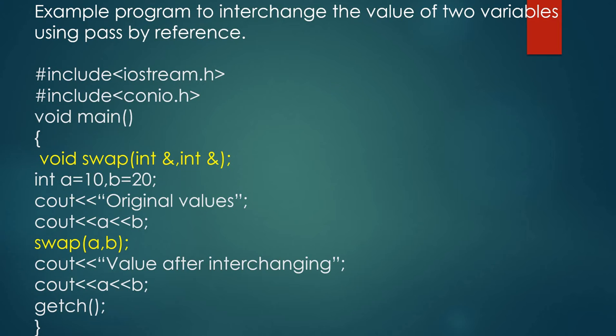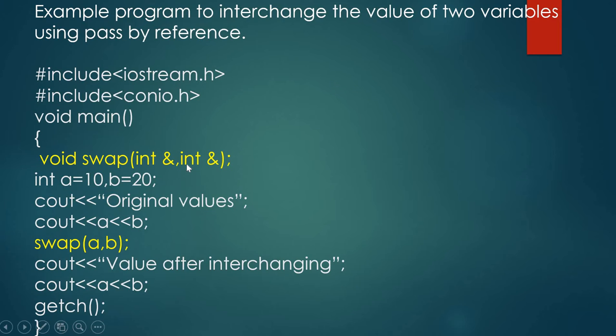When we are considering a function, we need to consider function declaration, function call and function definition. Just like when you use a function inside the program, we need to declare that function.